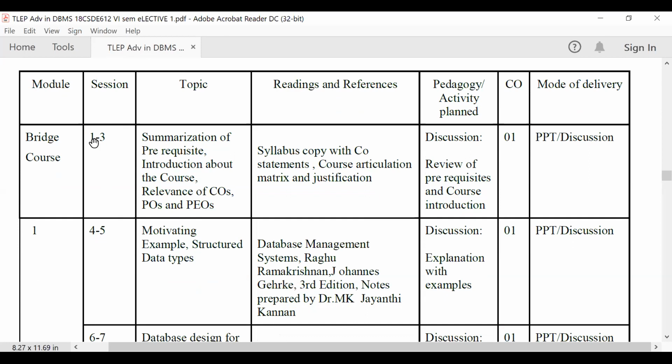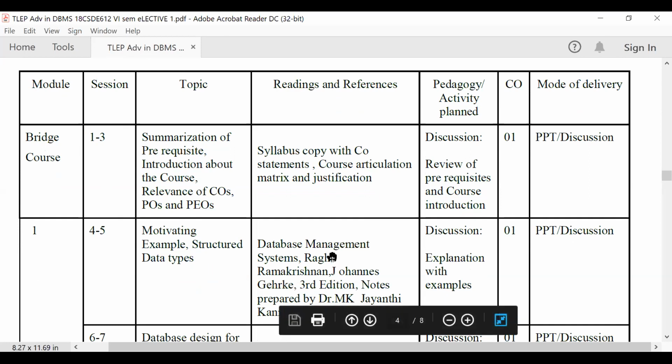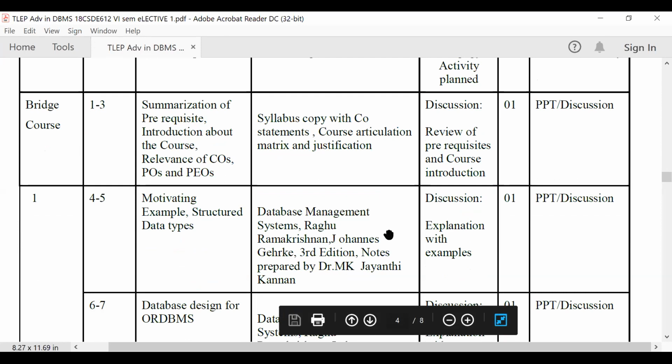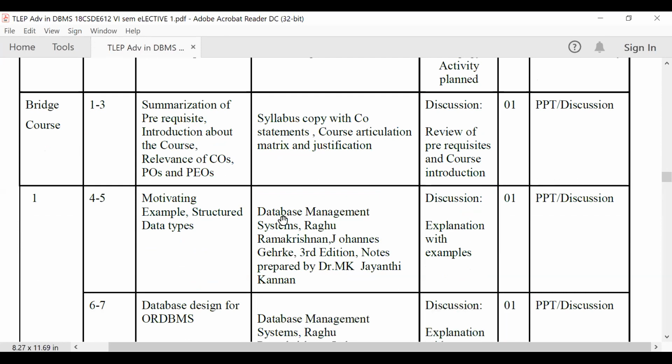Sessions 1, 2, 3 are the bridge course. Sessions 4, 5 cover the first topic in our syllabus, module 1: motivating example, structured data types. This particular concept is discussed with respect to your textbook, Database Management Systems by Raghu Ramakrishnan, and it will be classroom discussion with examples in the form of PPT and discussion.